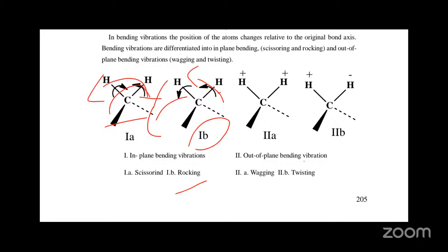Out-of-plane bending vibrations are again two types, wagging and twisting. Wagging means both move out of plane. Scissoring and rocking are in-plane, and wagging and twisting are out-of-plane vibrations.